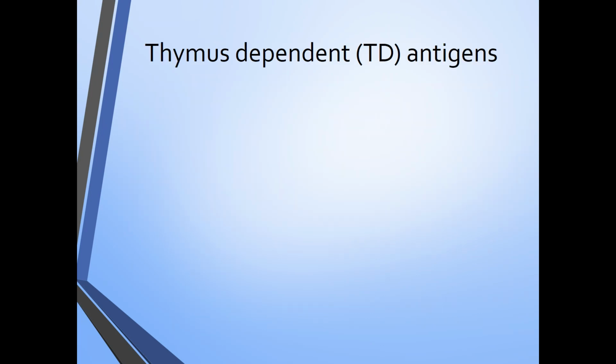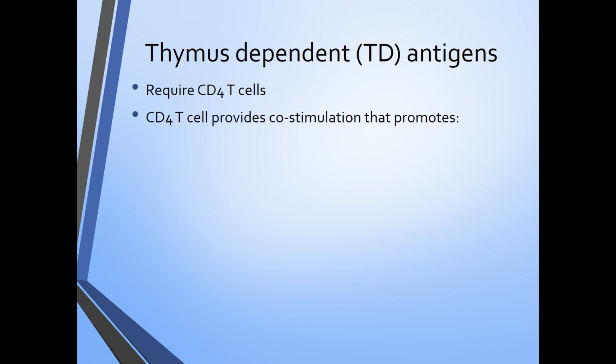So, thymus-dependent TD antigens require T cells, specifically CD4 T cells. The CD4 T cell provides the costimulatory signal that promotes B cell proliferation and the generation of higher affinity B cell receptors.